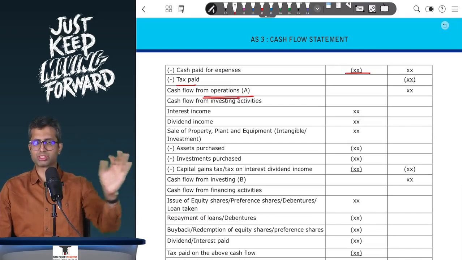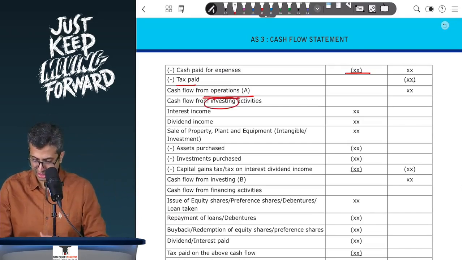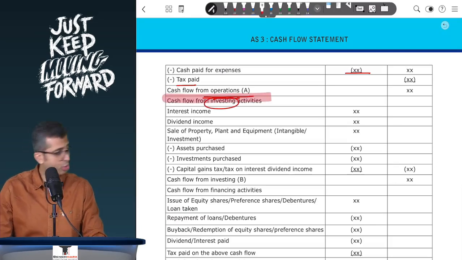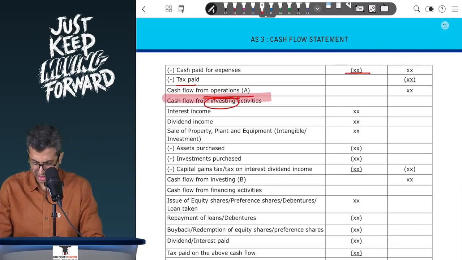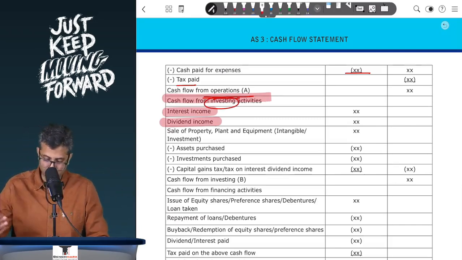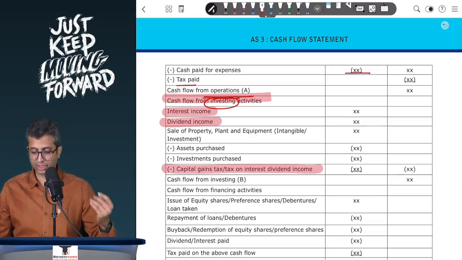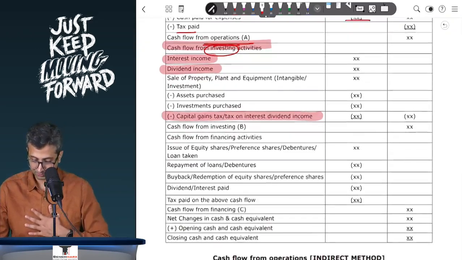Remember, in case there was some extraordinary item, that will be shown separately. Within cash flow from investing activities, this is the second thing. You will show interest income, dividend income, again sale of property, sale of intangibles, purchase of property, purchase of investments, and even capital gains tax or tax on interest or dividend income will come over here.